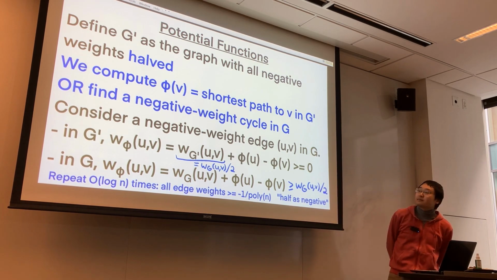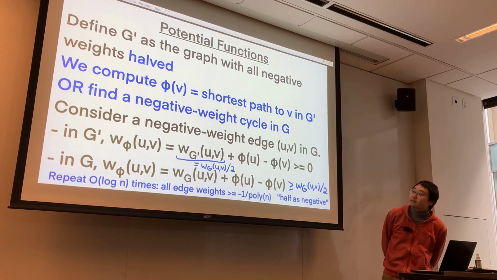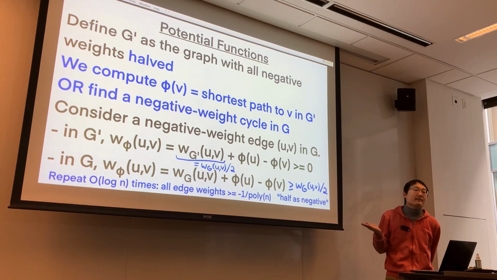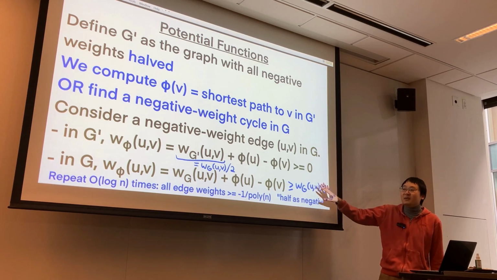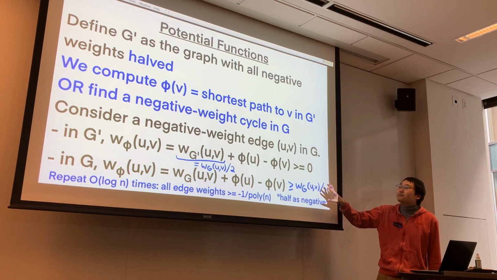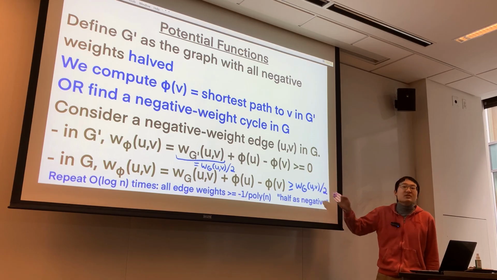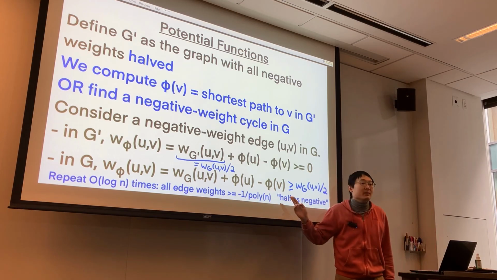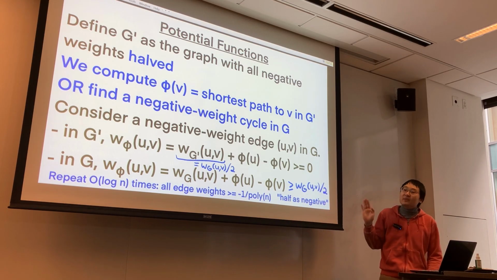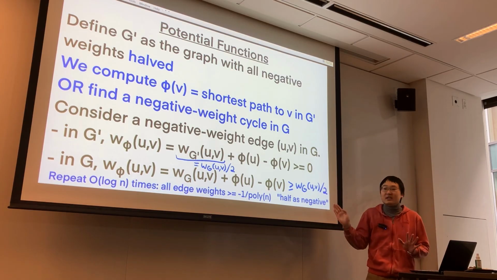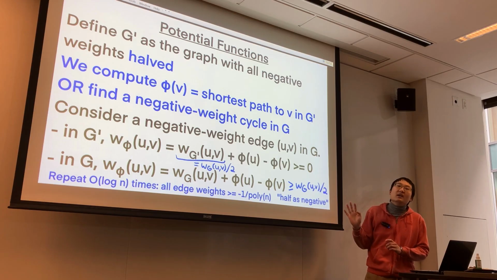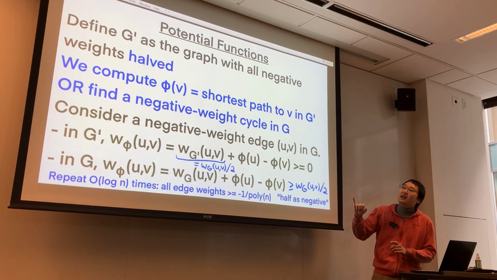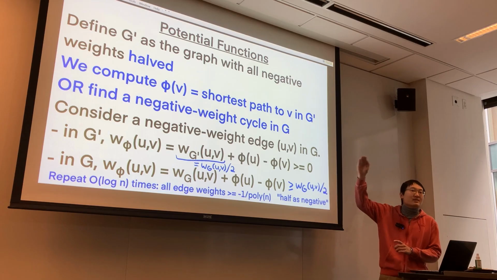Yep. If weights are integers, what do you do if it's odd? Great. We'll still have it. So like -3 becomes -1.5. You might be asking, well, these are not integers anymore. But what is true is that there's still a discretization among the shortest path distances.